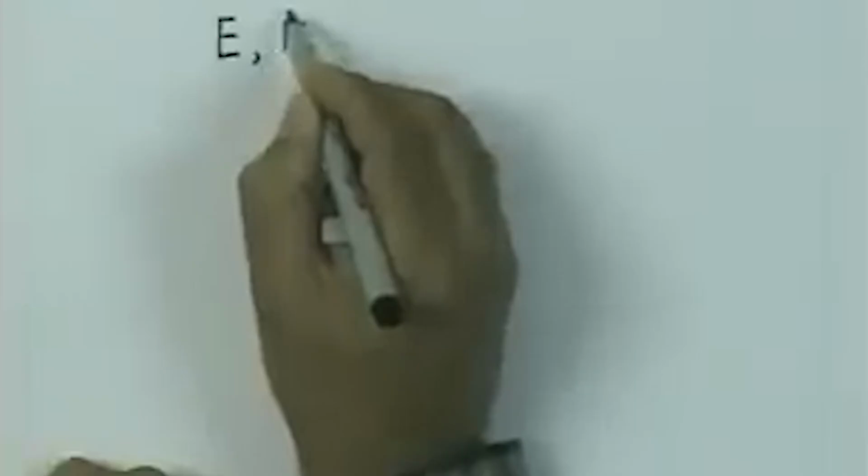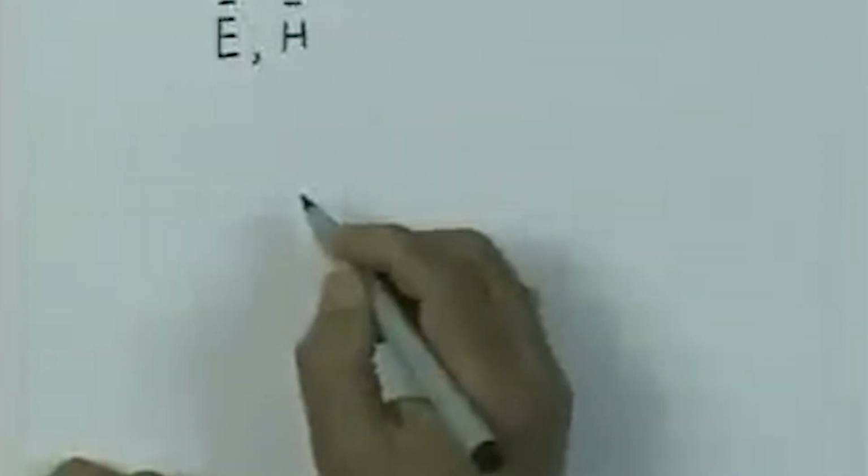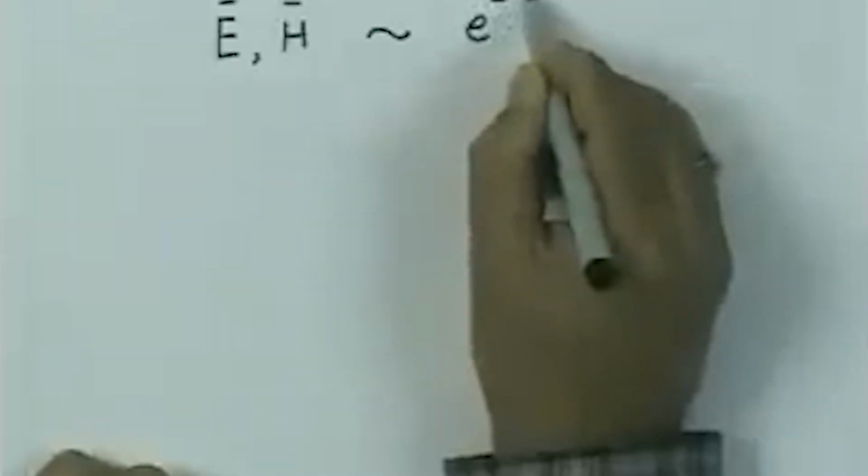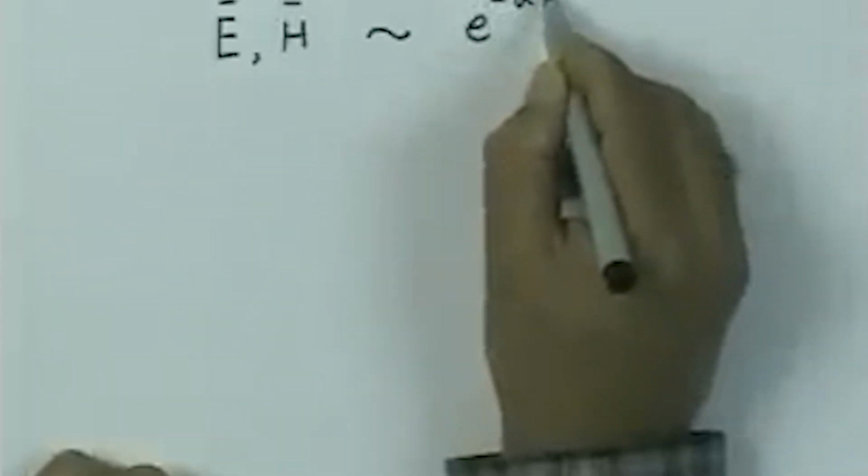using first principles. What it means is that if there is a loss in the medium, the E and H, both the fields, vary as a function of Z, which is along the propagation, in amplitude as e to the power minus alpha Z, where alpha is the attenuation constant.